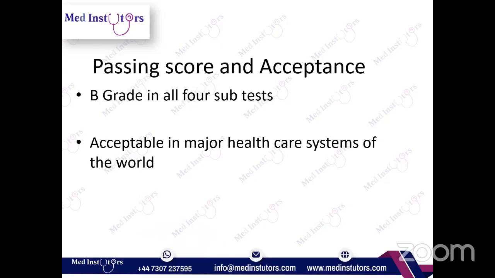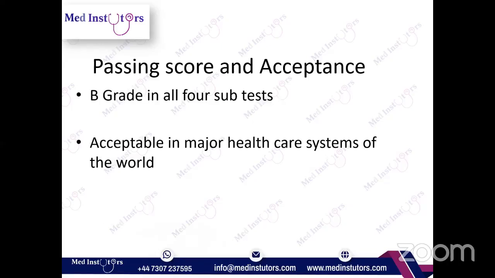But in the USMLE, even if you have scored C plus or C in the writing subtest, and B in all of the others, still you will be declared successful, and you are eligible to apply for residency in the USMLE.